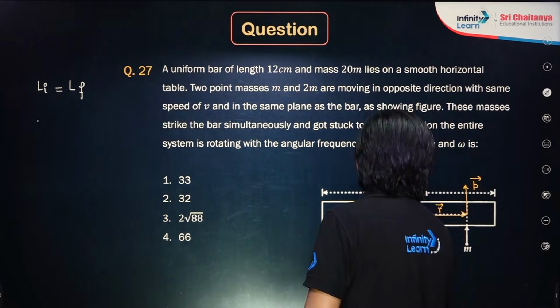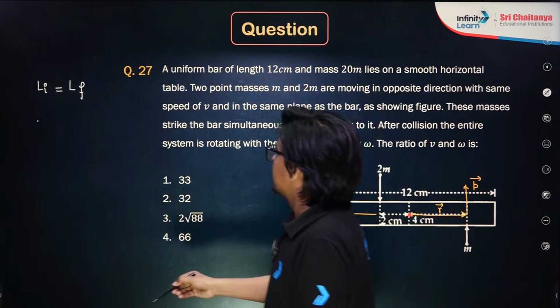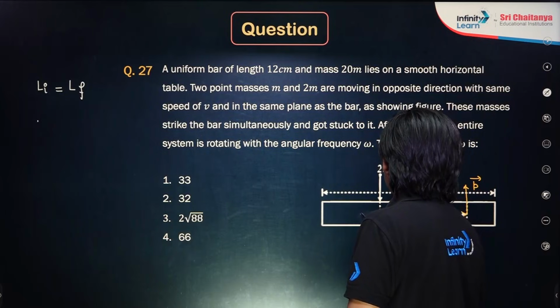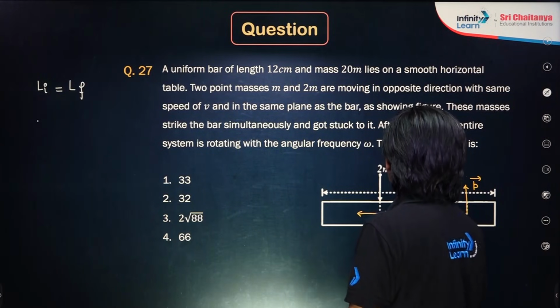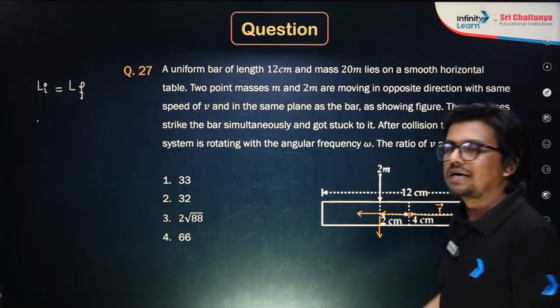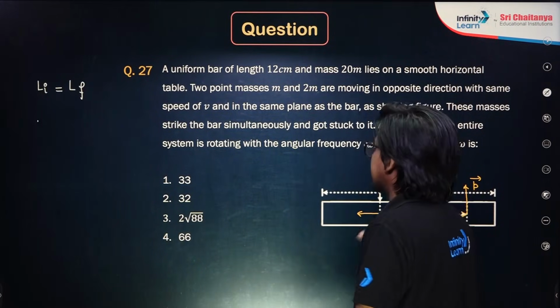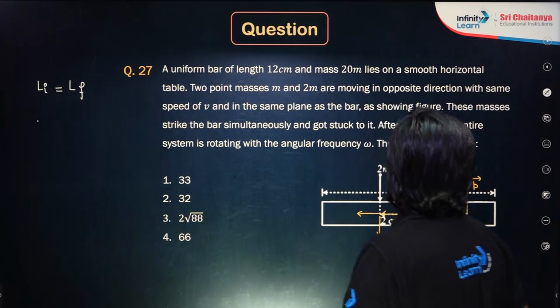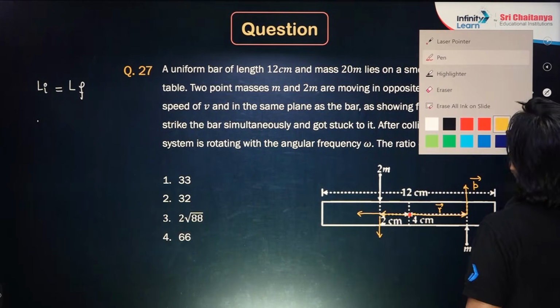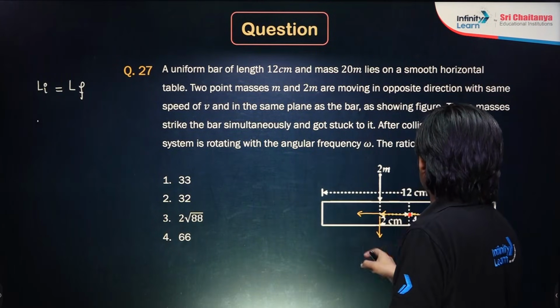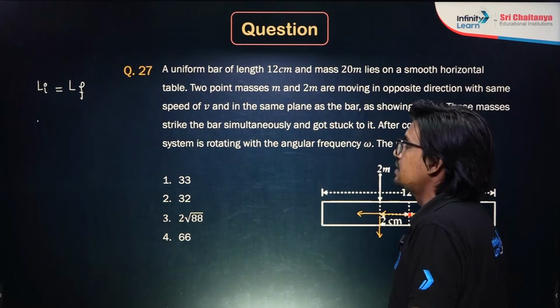Likewise here, if you draw the position vector of the second one, and this velocity is in the downward direction. Now if you take this r cross p, so r vector will be actually this. So r cross p, that will be again out of the plane. So they both are having the same direction. So angular momentum initially, if you just write the magnitude, it will be equal to twice of m into its velocity multiplied by this distance.